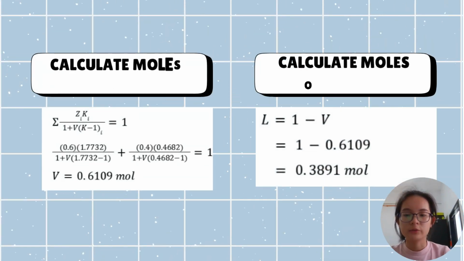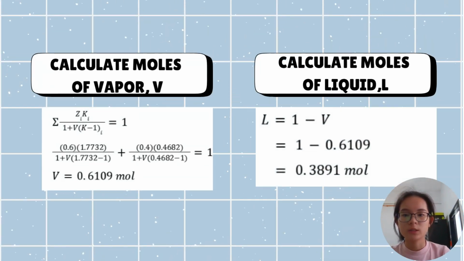To calculate the moles of vapor V, we use the equation summation of z times (K minus 1) over (1 plus V times (K minus 1)) is equal to 0, and the value we obtain for moles of vapor is 0.6109 mole. To calculate the moles of liquid L, we use the equation 1 minus V and we obtain the value of 0.3891 mole.